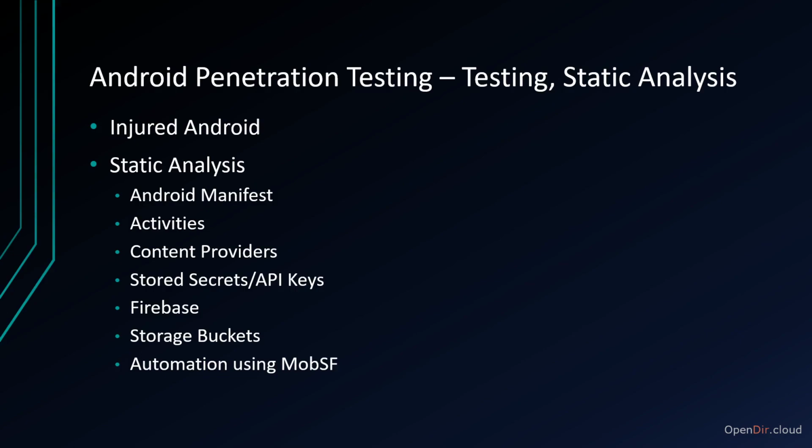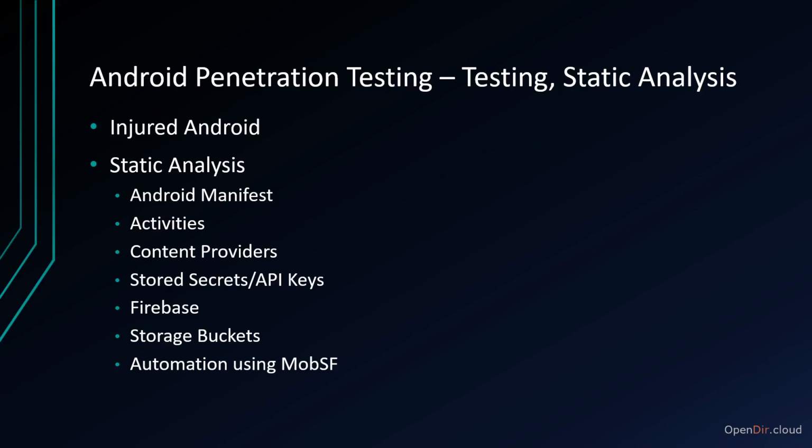For the static analysis, we'll be using Injured Android as our dummy application because it has a lot of different vulnerabilities you'll be able to utilize in your static analysis and dynamic analysis processes. For static analysis, we'll be talking about the AndroidManifest.xml, talking about activities, content providers, how to find things like stored secrets and API keys in our applications.